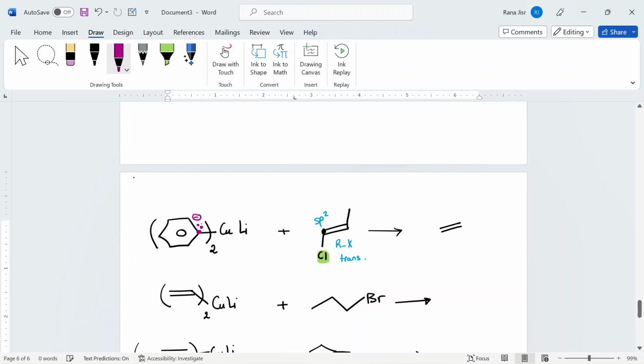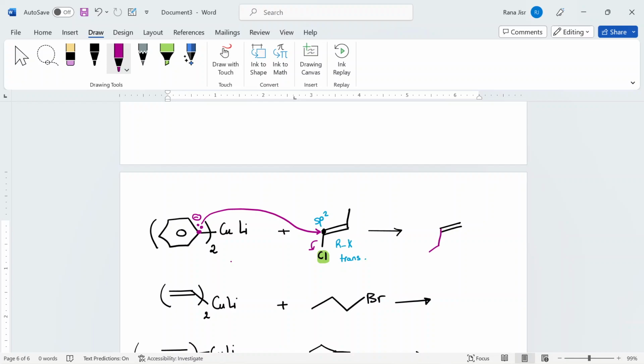It's straightforward. This nucleophile is going to come, attack the carbon, and then the halogen is going to leave. But the attack here is going to keep the same stereochemistry where the halogen was. So the halogen was down in this case, and the stereochemistry around the double bond was trans. It needs to stay trans.